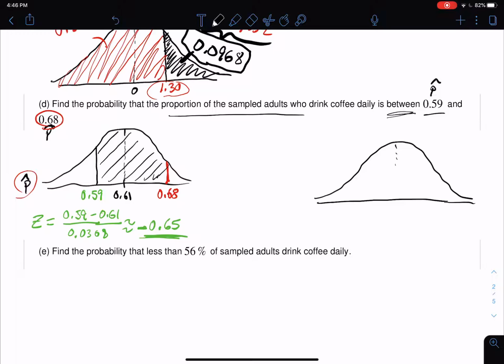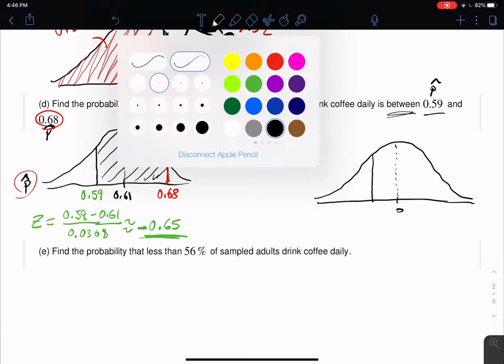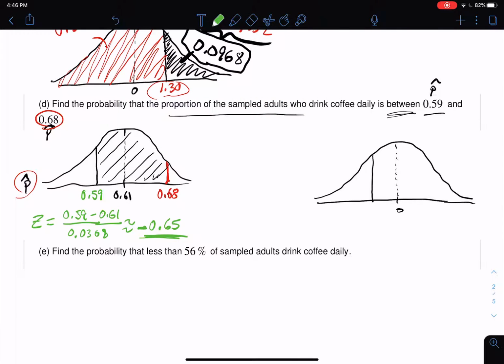Now this is going to be a standard normal. That's 0. This is going to be our corresponding green. Now z-score negative 0.65. Of course, when we look that up, it gives us the area to the left, but we really want the area in between.